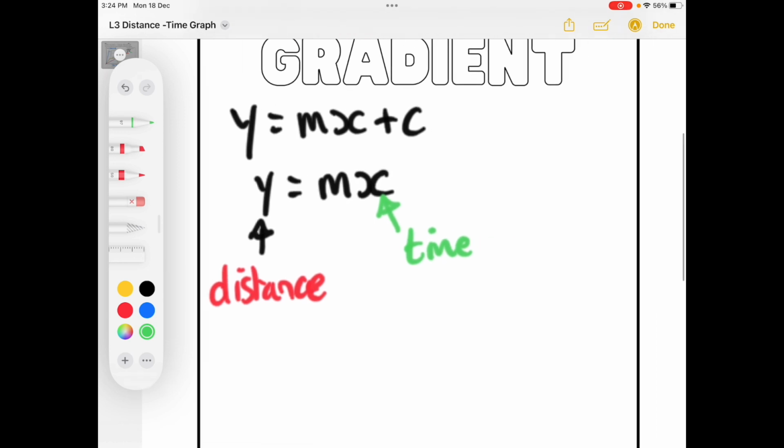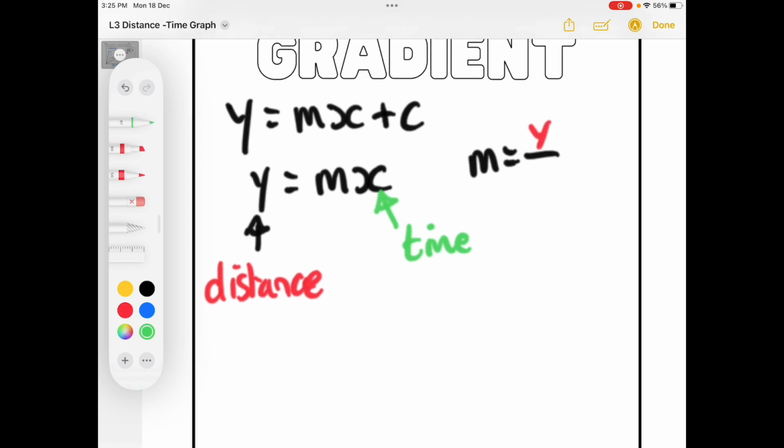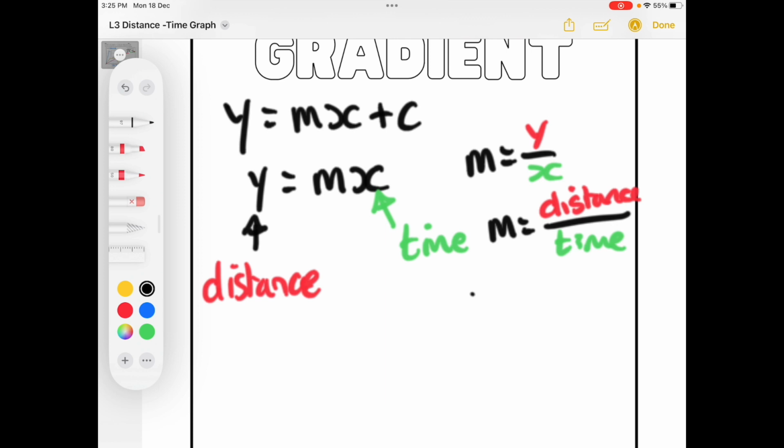So if we want to work out what m is, m equals y divided by x, or m equals distance divided by time. And now from the last lesson that we just went through, we should remember that distance divided by time equals speed. So m is speed.